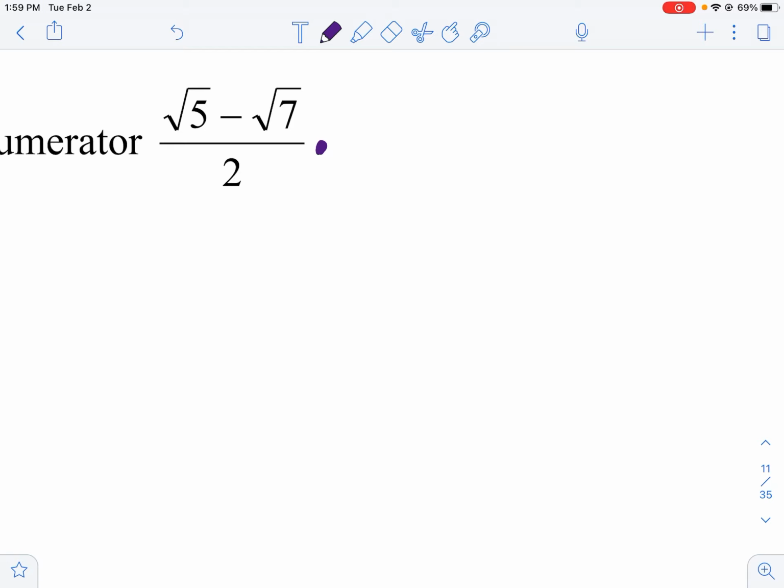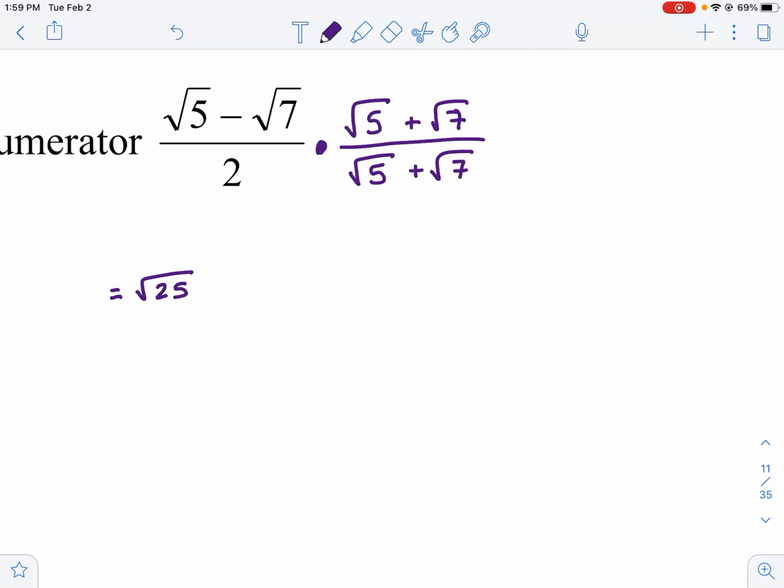I'm going to make that into a multiplication. So just because it's the square root of 5 minus the square root of 7, we're going to do the square root of 5 plus the square root of 7. And we need to do that to both numerator and denominator. So now, multiplying straight across, square root of 5 times square root of 5 is the square root of 25.